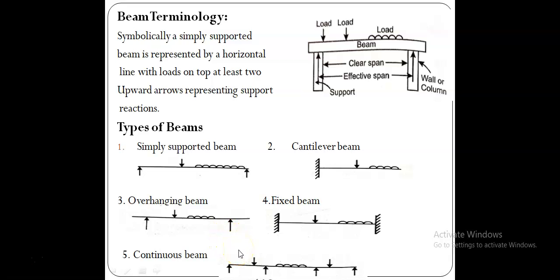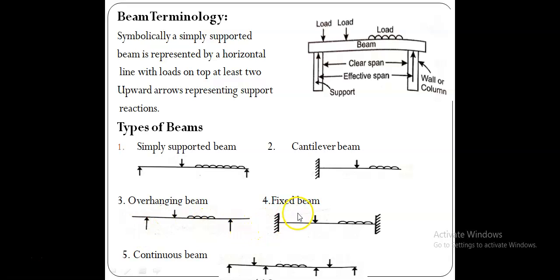So you can say an overhanging beam is a beam which is supported at its two ends by simple supports or hinged supports, and at the two ends the beam is projected or extended at some length. It may be extended beyond its two supports or at any one support.